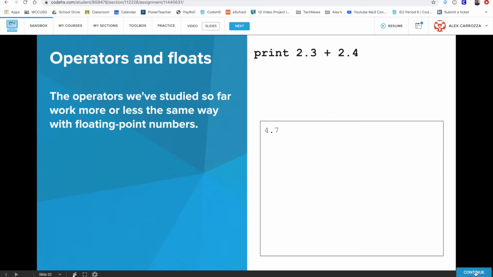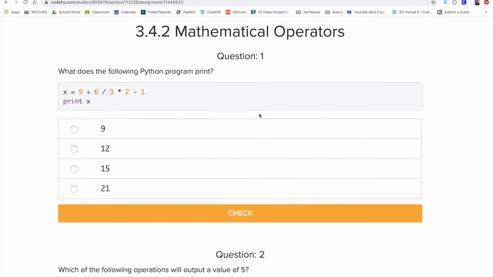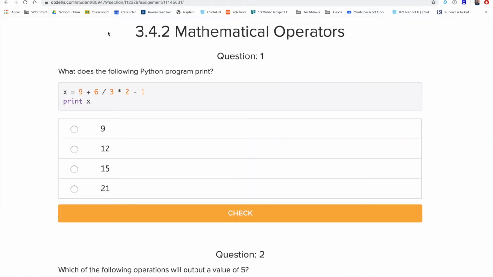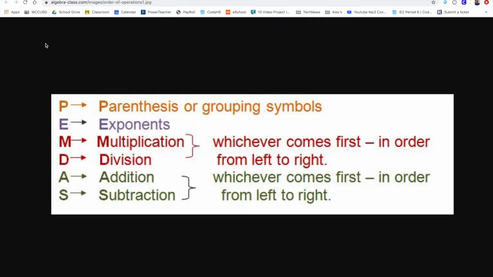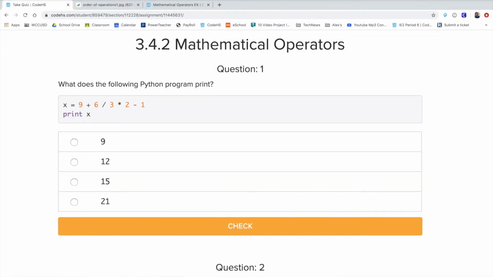Let's take a look at this quick quiz. We'll just take a look at this top question. What does the following Python program print? Again, we'll go through our PEMDAS. Parentheses, none are there. Exponents, none are there. Multiplication and division, you go from left to right.